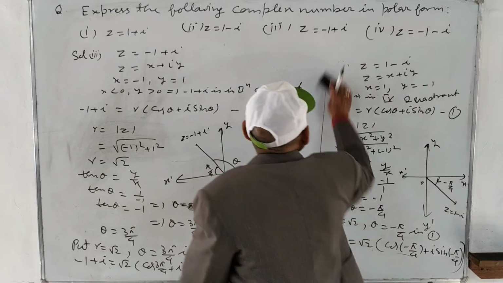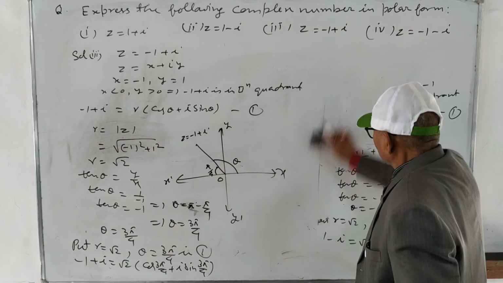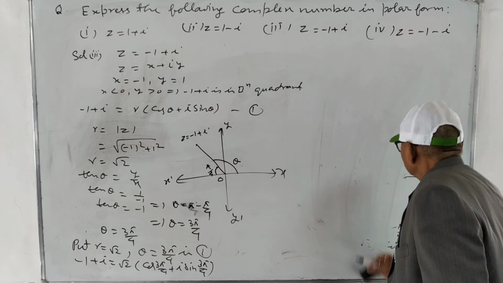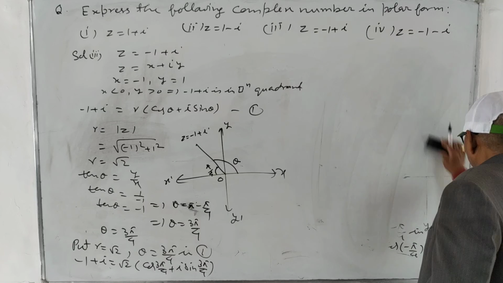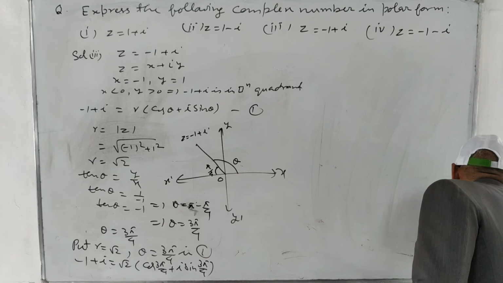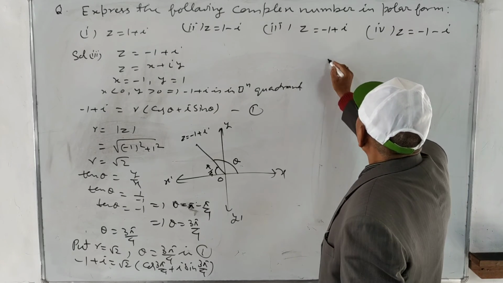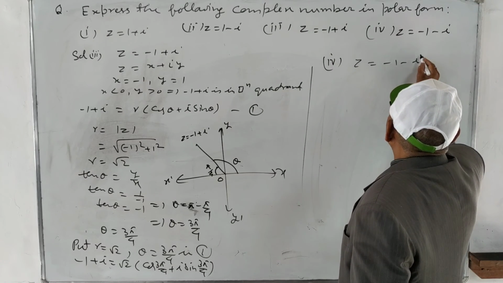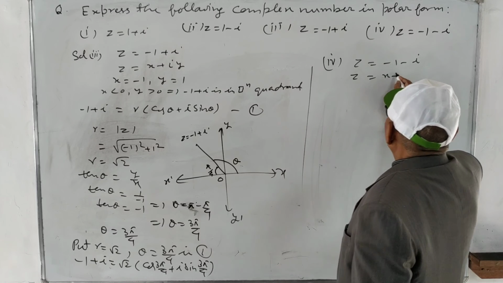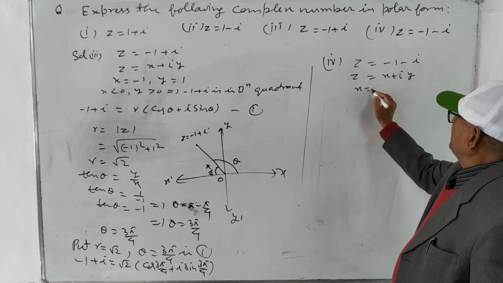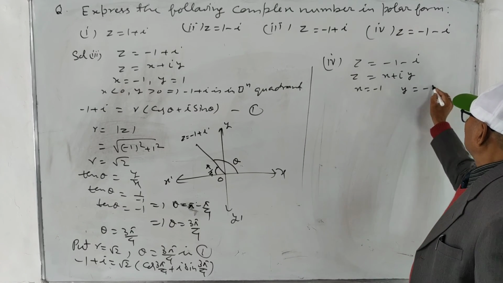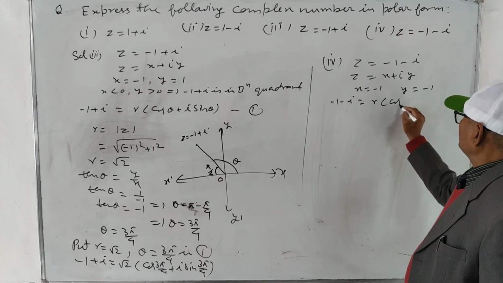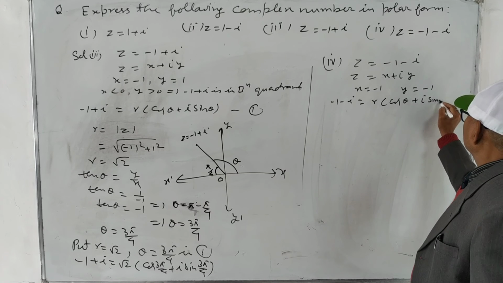Now fourth part. In this, given that z equal to minus 1 minus i, z equal to x plus iy, comparing, x is minus 1, y is minus 1. Now polar form is r in the bracket, cos theta plus i sin theta.